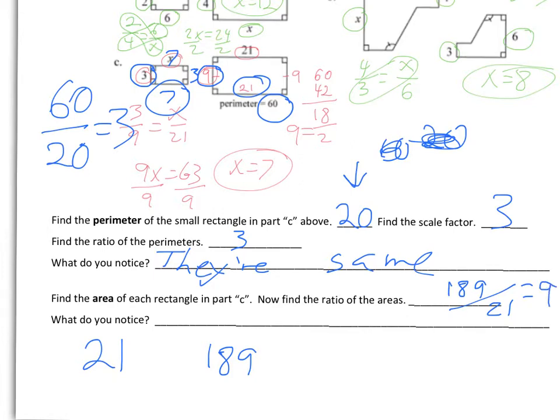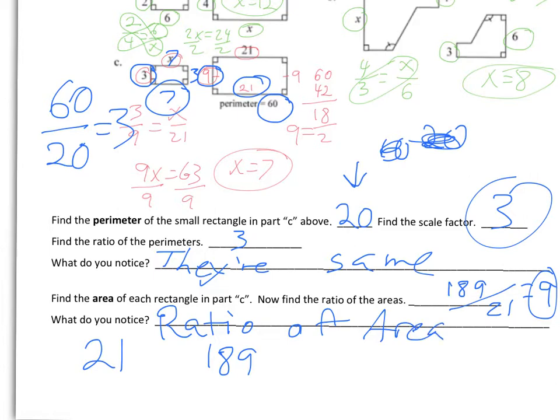What do you notice? How does 3 relate to 9? Well, the ratio of area is going to be the scale factor squared. And that's just some extra information for you. Nothing really on the assignment having to do with that.